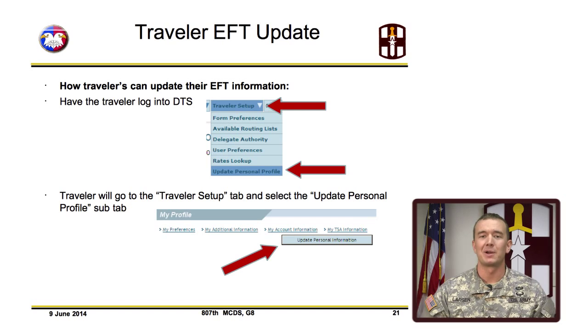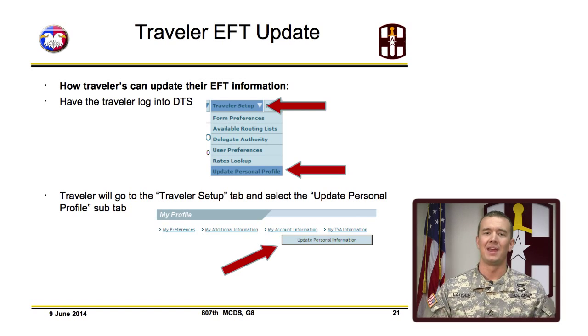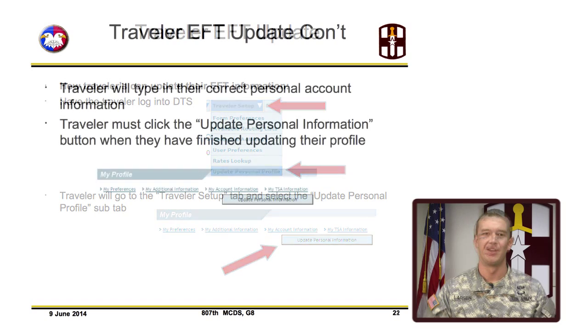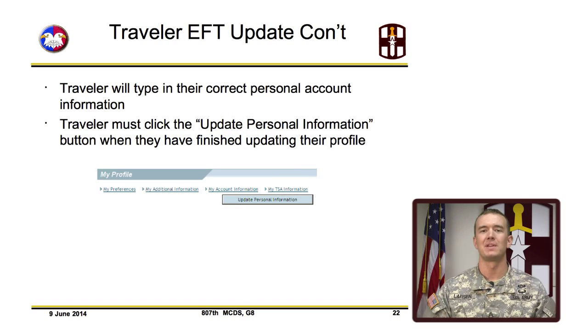To help the traveler update their EFT information, have the traveler log into DTS. They will go to the Traveler Setup tab and select the Update Personal Profile subtab. The traveler will type in their correct personal account information, then click the Update Personal Information button when they have finished updating their profile.